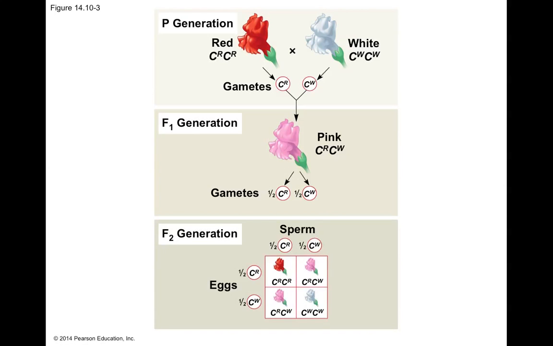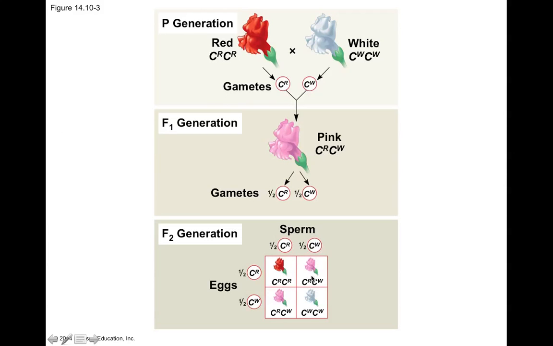We end up with our F2 generation having 1/4 red, 1/4 white, and 1/2 pink. In this case, it's the same proportion of offspring, same proportion of alleles being distributed to the offspring, but it just so happens that the heterozygotes are now visible because they're a different color.